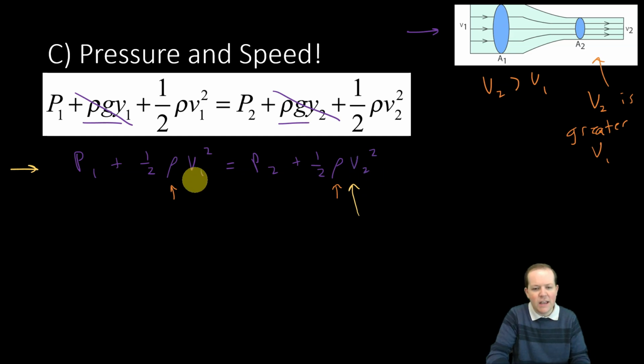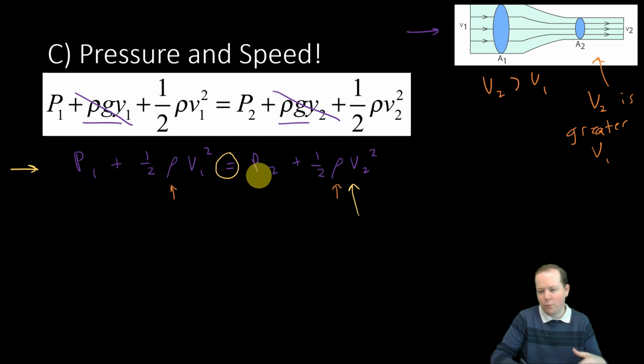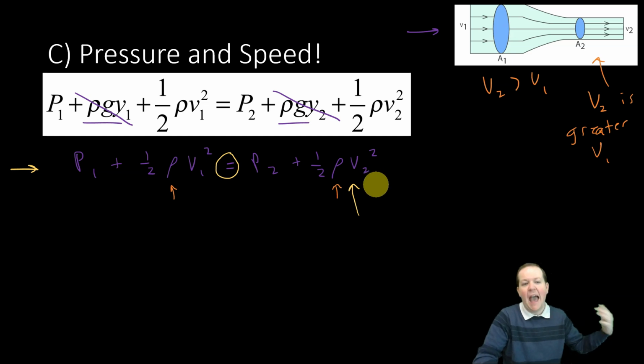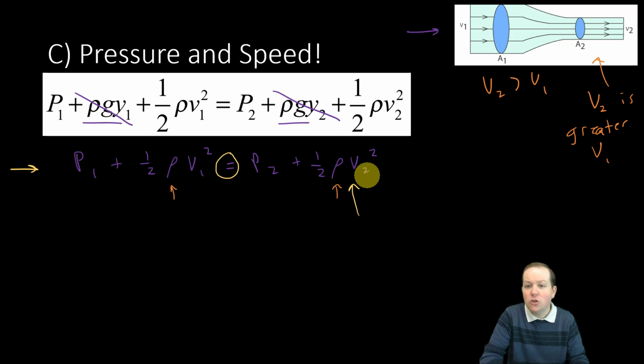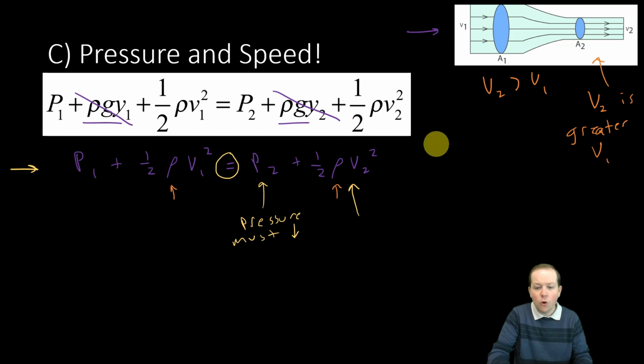If V2 is larger than V1, but this equation has to remain equal, kind of like when we would do conservation of energy, if we learned that something gained more speed, then some of the other terms had to have gone down. If V2 has gone up, that means that the pressure on this side of the equation must decrease. That's the only way I can keep these two sides of the equation equal to each other.